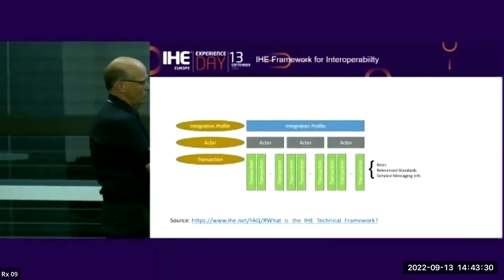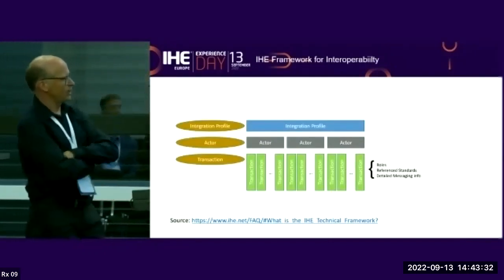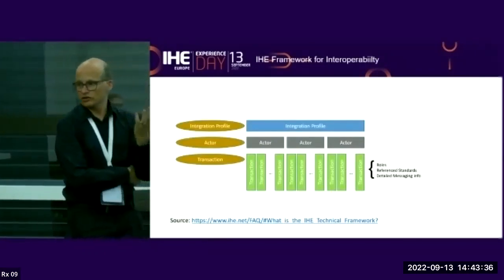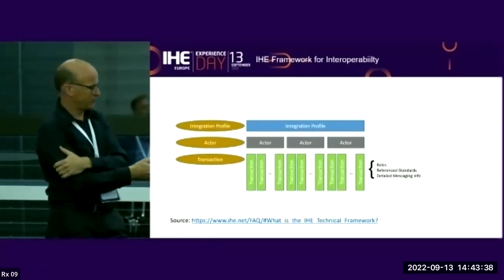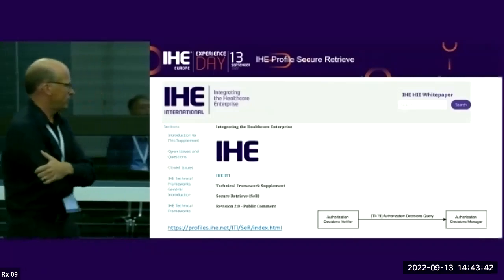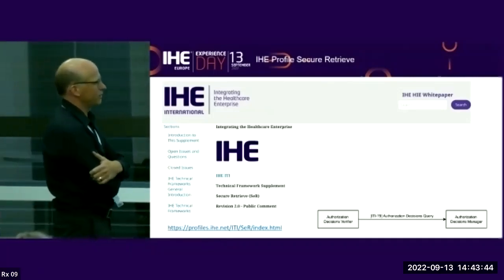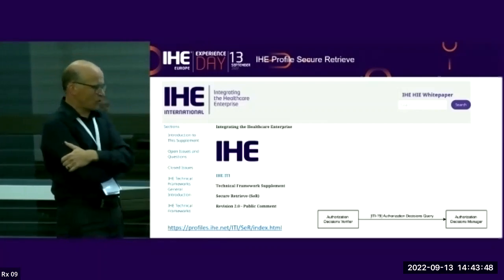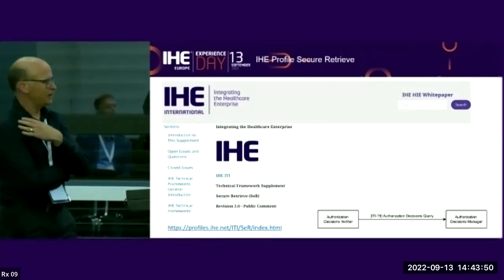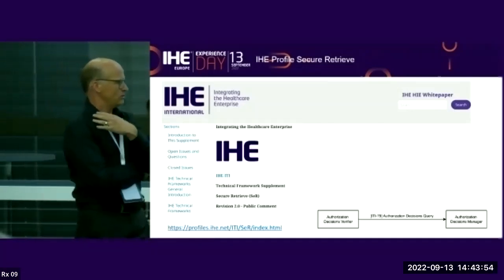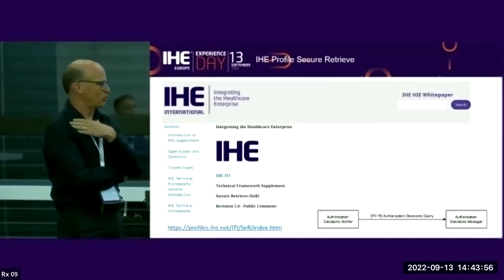We have an integration profile, which consists of different actors and where these transactions are specified. I put here two which are quite new or updated. As an example, this one is called the Secure Retrieve profile. It allows you to securely retrieve a document.